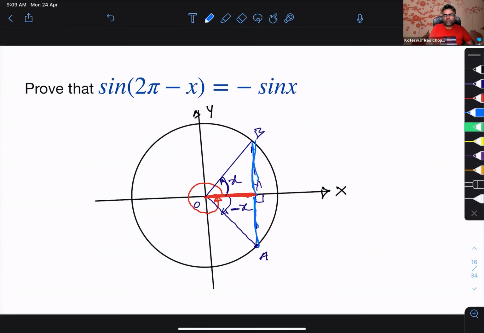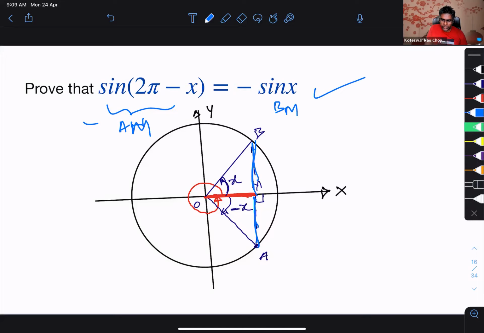But you know that these two triangles are congruent. So we can easily see that this is minus AM, and this is BM, and you know that these two are equal. Alternatively, you have other approaches also. I am hoping this is easy to follow.